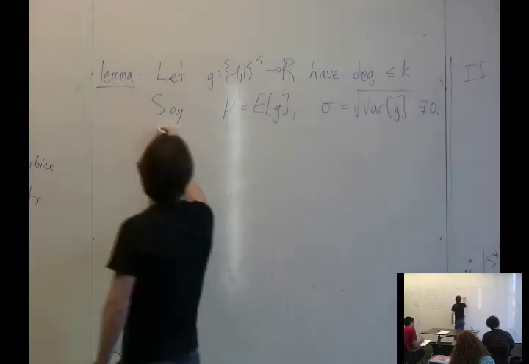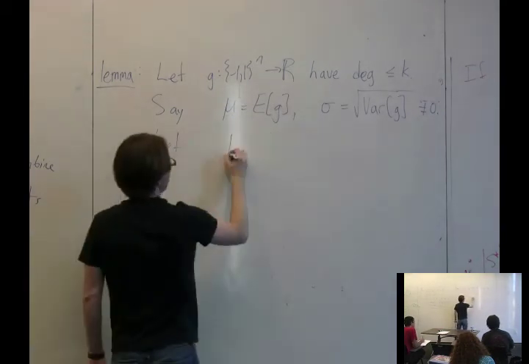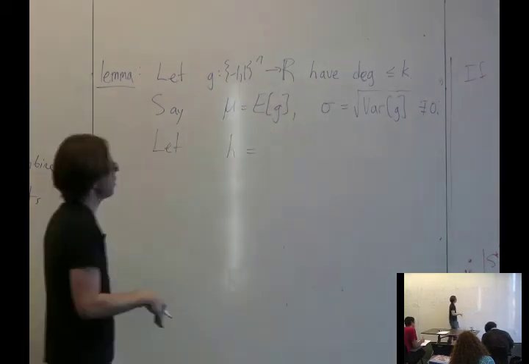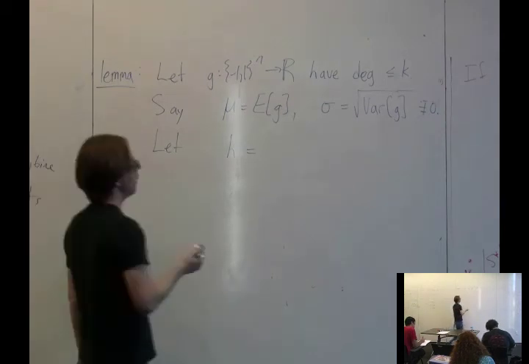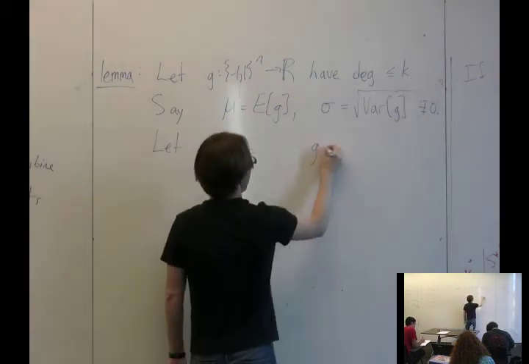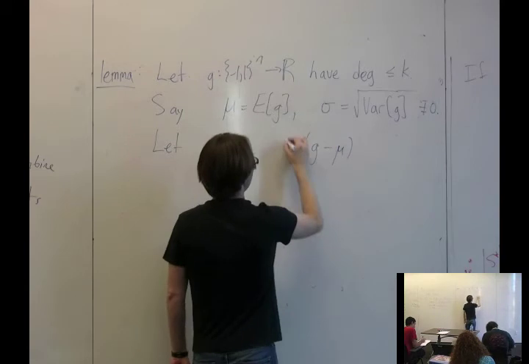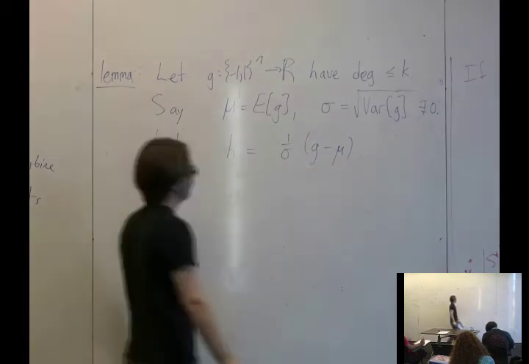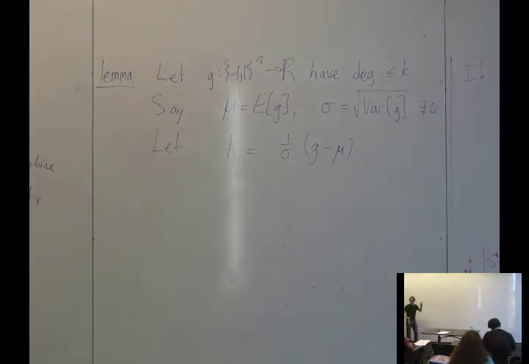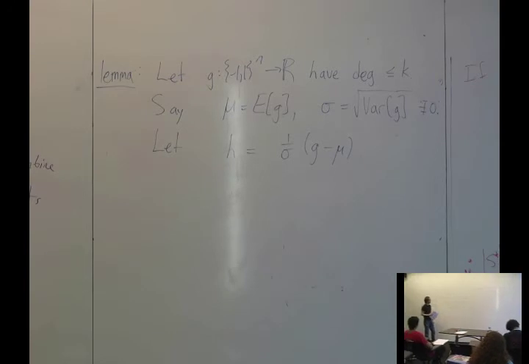And let's let h be the function that just shifts things around so it has mean 0 and variance 1. Okay, so we'll look at g minus mu times 1 over sigma. Okay, mu and sigma are just constants now, so this is a mean 0, variance 1 function.